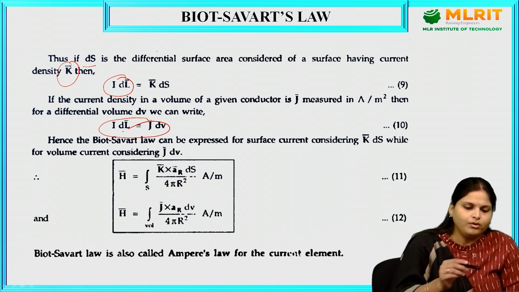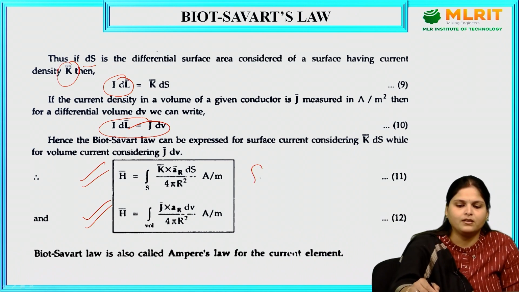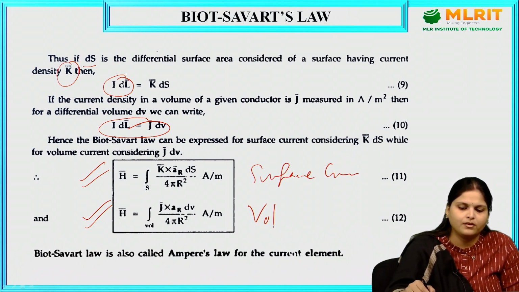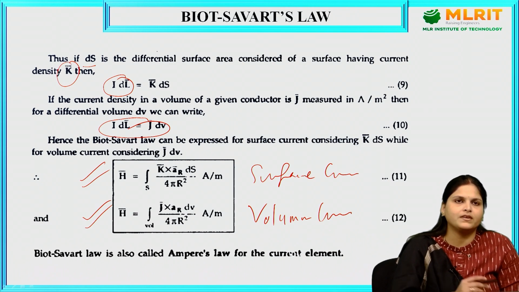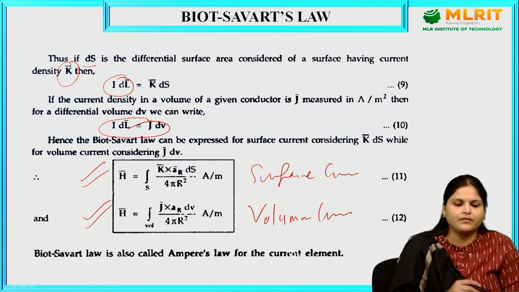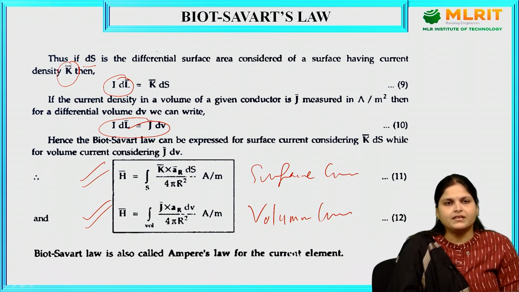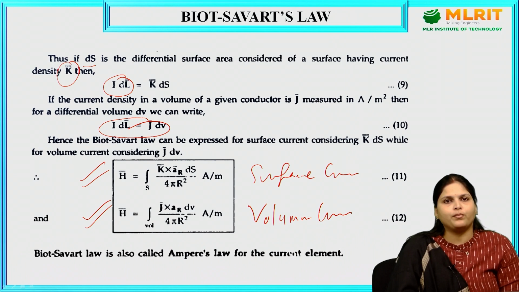right. Now, for the final formulas: this is for surface current, this is for volume current, and the previous formula which we have seen is for line current, because we are considering a conductor carrying current I. For surface current, magnetic field intensity is given by the surface integration of K cross aR dS upon 4 pi R square.